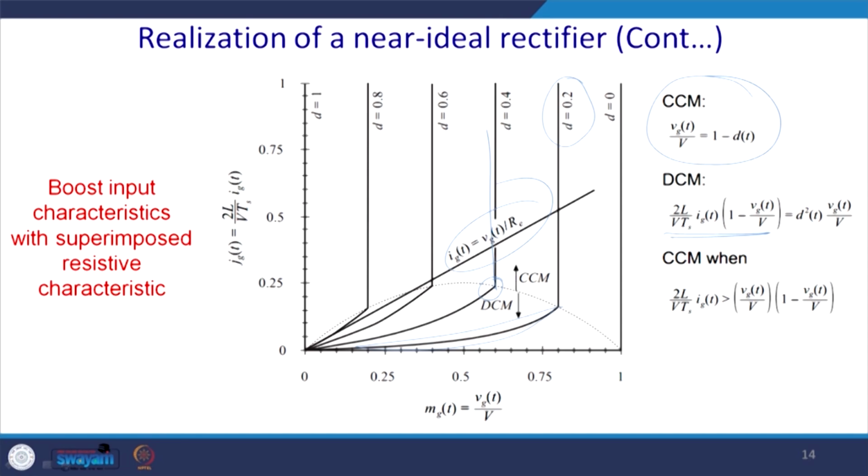It will be 2L by Vts times Ig(t) times 1 minus Vg by V equal to d squared Vg by V. And once it comes into the domain of continuous conduction mode, then 2L by Vts into Ig is Vg by V times 1 minus Vg by V. This is the way it should operate.